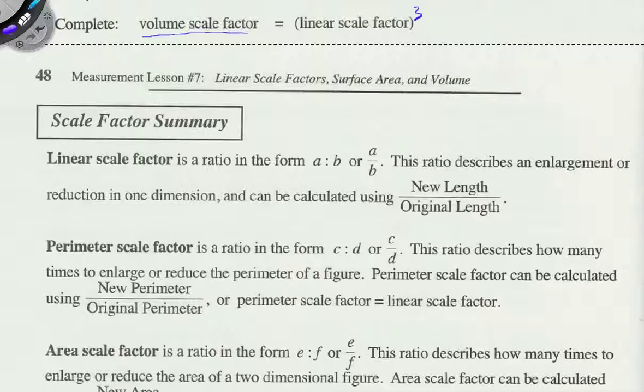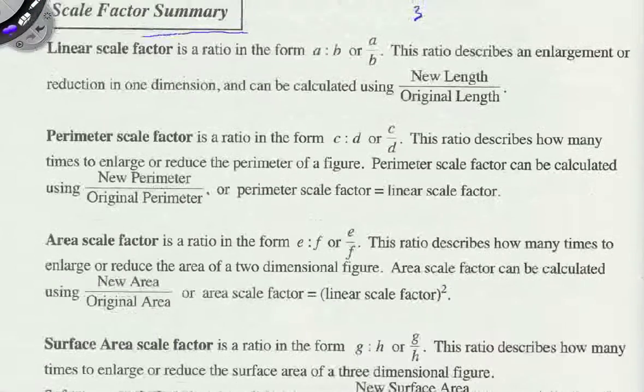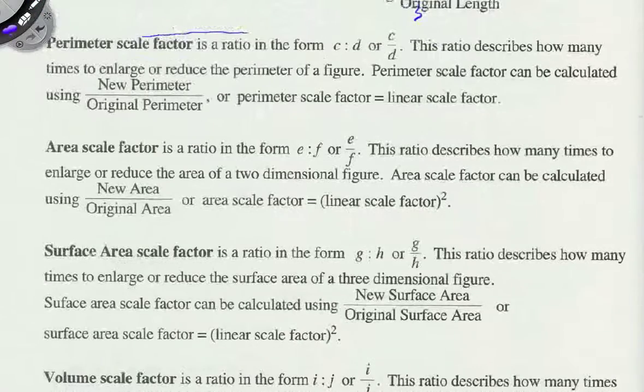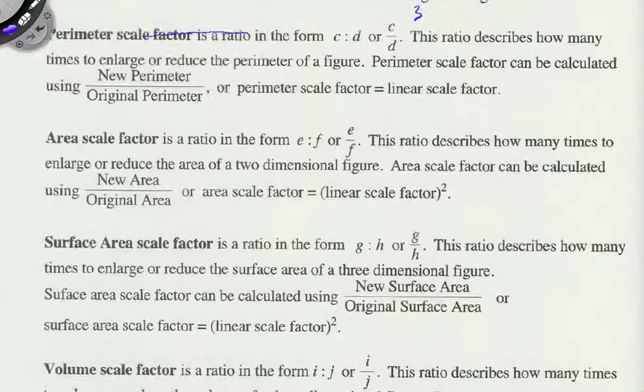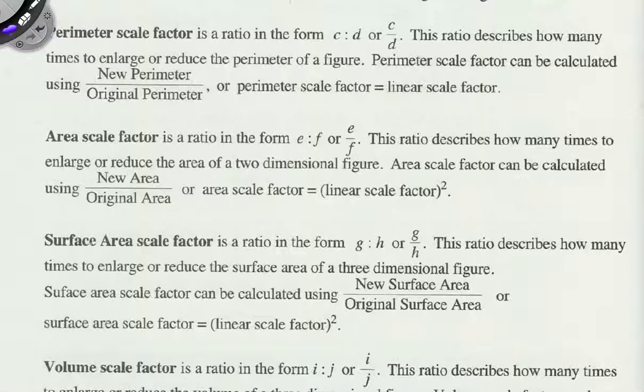Perimeter scale factor is a ratio in the form of C to D, or C over D. This ratio describes how many times to enlarge or reduce the perimeter of a figure. Perimeter scale factor can be calculated as new perimeter over original perimeter. And in this case, the perimeter scale factor equals the linear scale factor here. So they're equal in this case when we're doing perimeter.